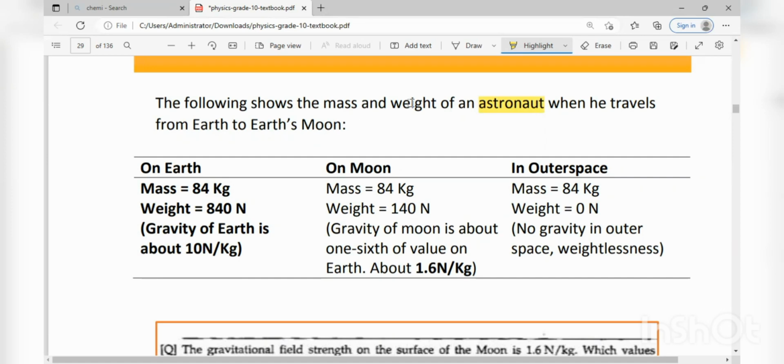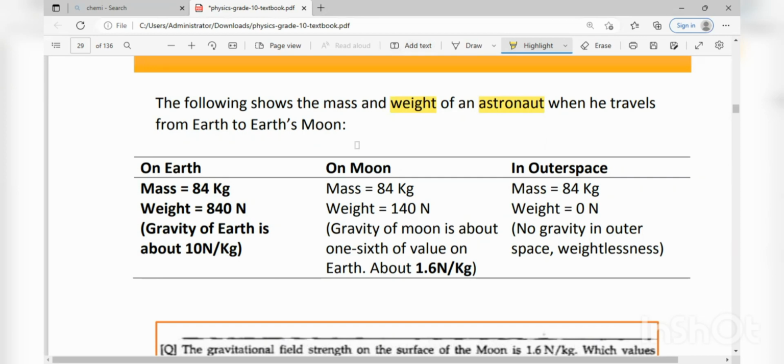What will be the weight when on Earth, and what will be the weight when he goes to the moon? You're going to find that mass will remain the same, but weight is going to be affected because of its location. Remember, weight is a vector.